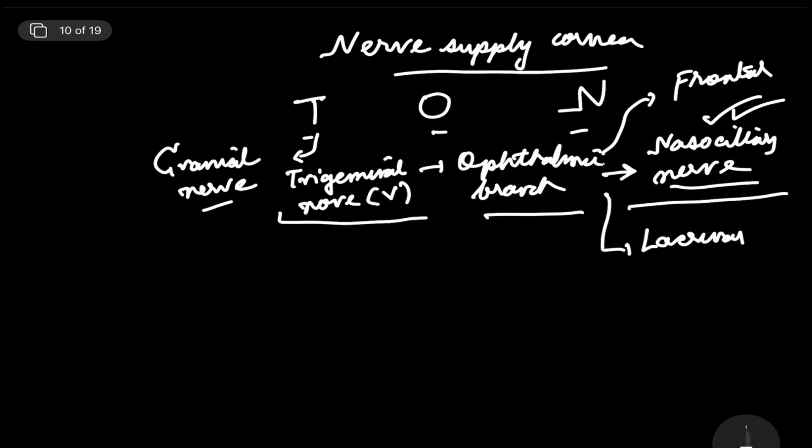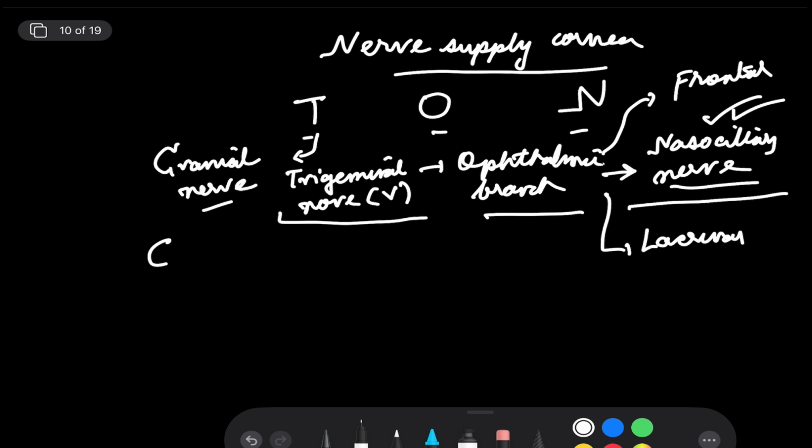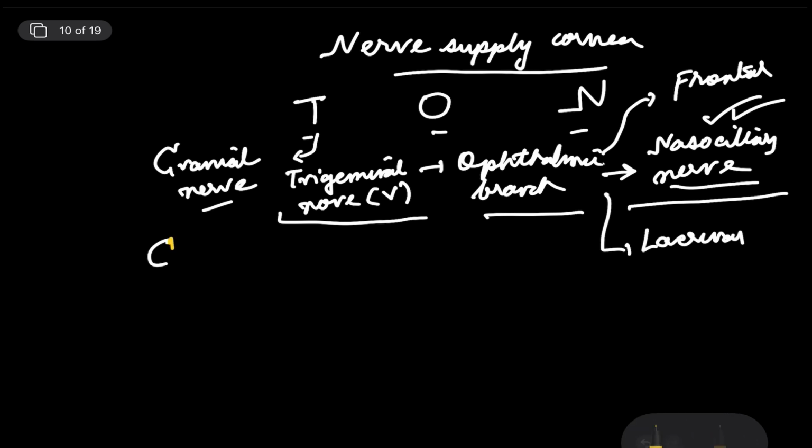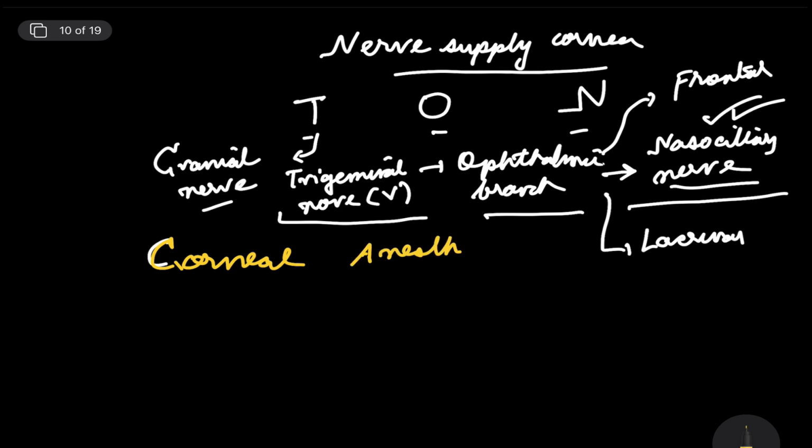Now, if for some reason the patient is not eliciting a blink reflex, even after I'm touching his or her cornea with a cotton wisp, what can be the reason for that? In other words, what are the reasons for corneal anesthesia? Anesthesia, you know what it is, so basically there are no sensations in the cornea.